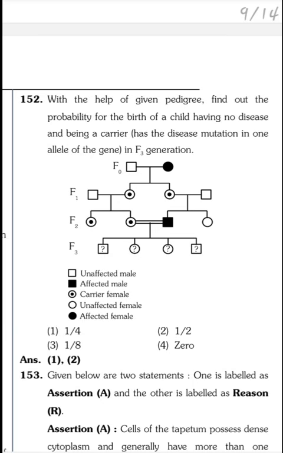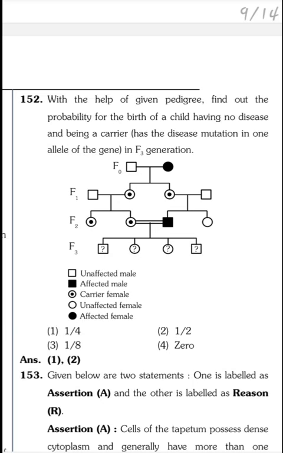For a child having no disease, they have not asked for children, it is singular. There was an ambiguity here. You should notice that even the language plays an important role: a child having no disease and being a carrier. Carrier is possible only in females.